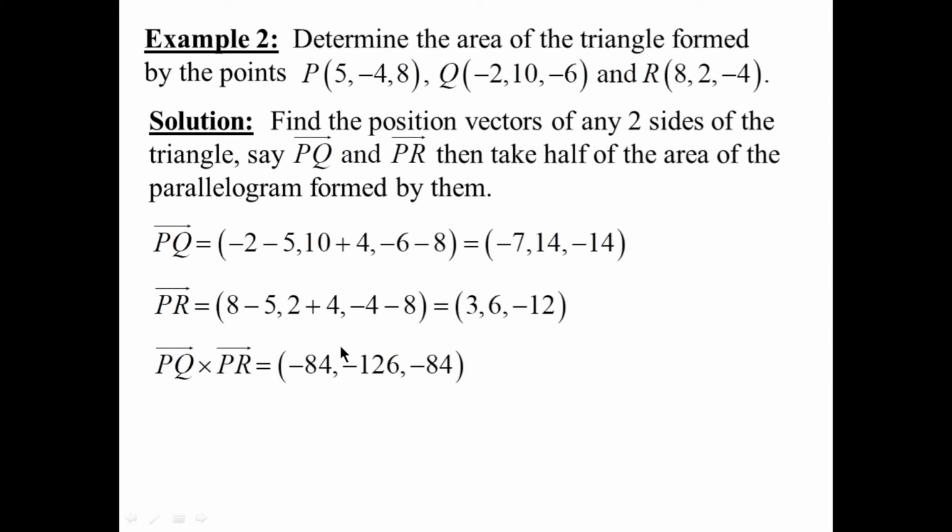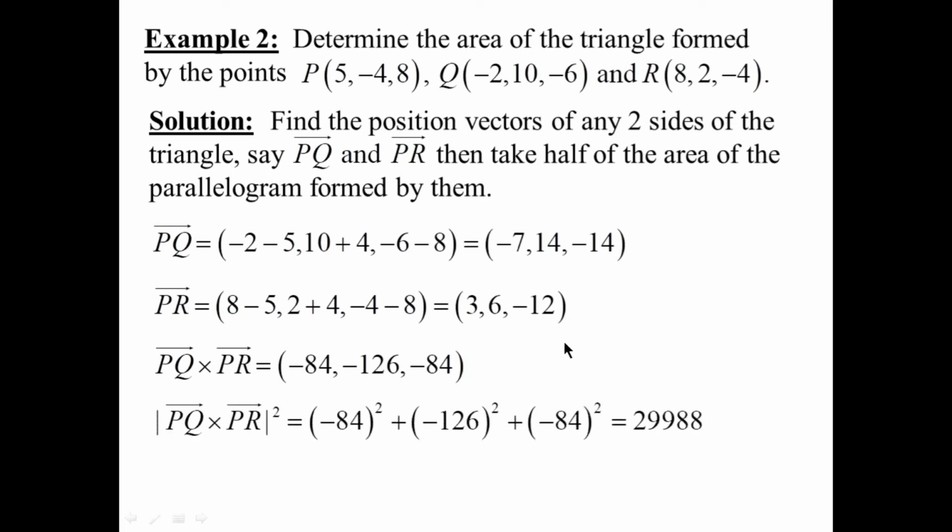I suggest that you pause the video and do this yourself. When you cross these 2, this is the cross product, and the square of the cross is the square of, well, -84 squared plus the sum of the 3 components squared. And so the actual magnitude of the cross is the square root of that. And so the area of the triangle formed by our 3 points in celestial 3 space is, ta-da, half of that.